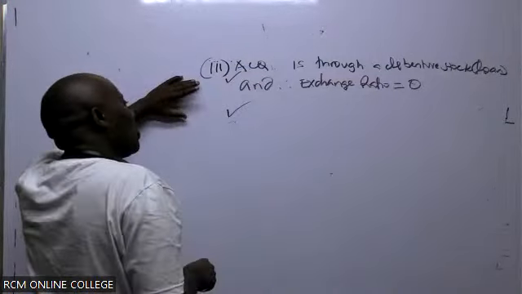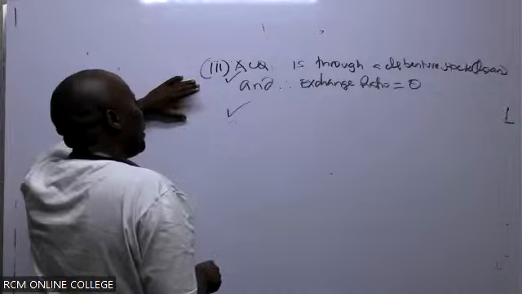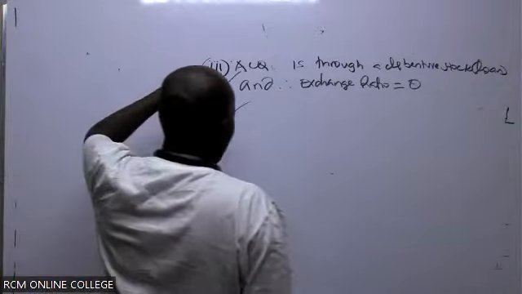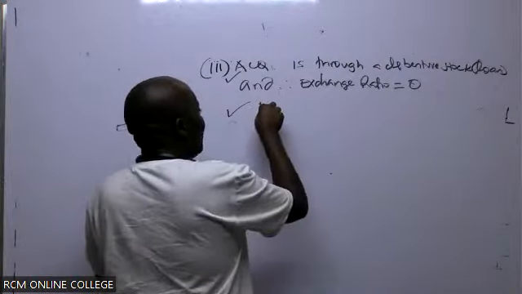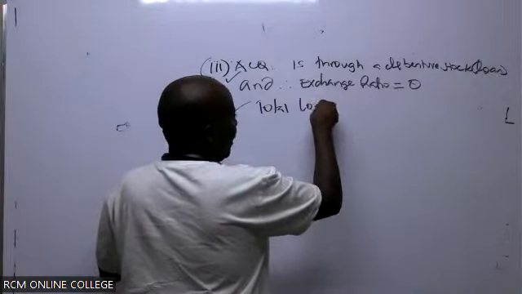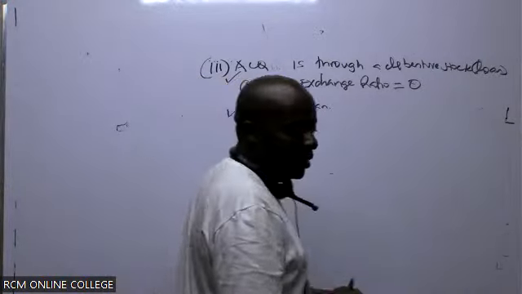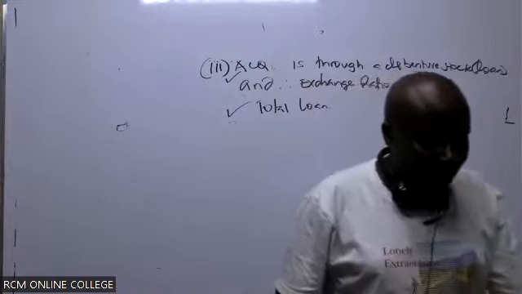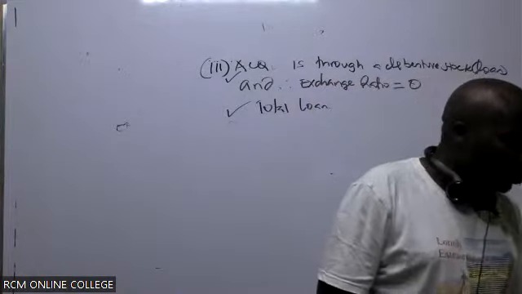Second tick. Come and tell us, ladies and gentlemen, how much will be the total loan that will be given to these ninjas. Total loan to be given. So that when I'm giving you 3 minutes, you give me the answer. How much, from the illustration given?